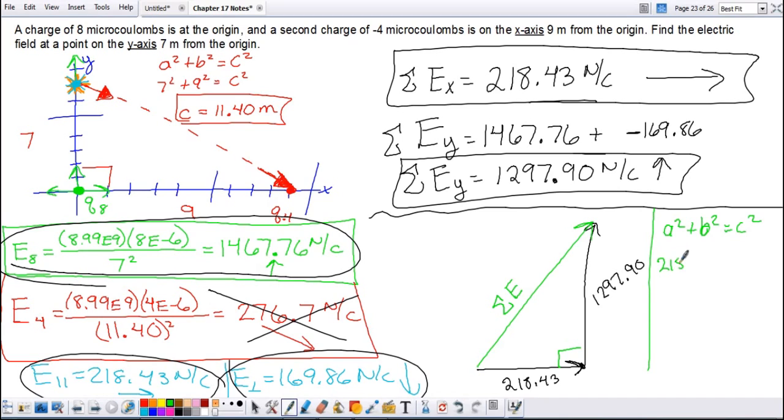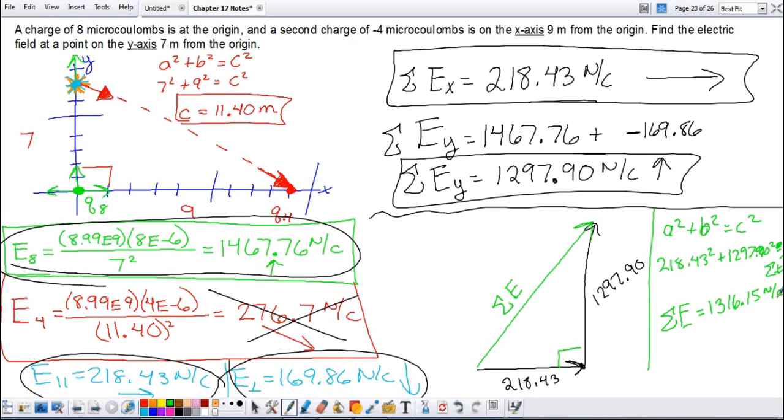So in this case, we have 218.43 squared plus 1,297.90 squared is equal to the net electric field squared. If we solve, we're going to get the net electric field is equal to 1,316.15 newtons per coulomb.